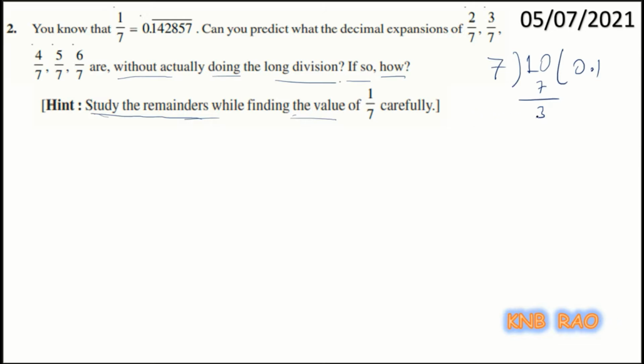Carefully watch, this 3 is the remainder, then 30, 7 4s are 28, now 2 is the remainder.